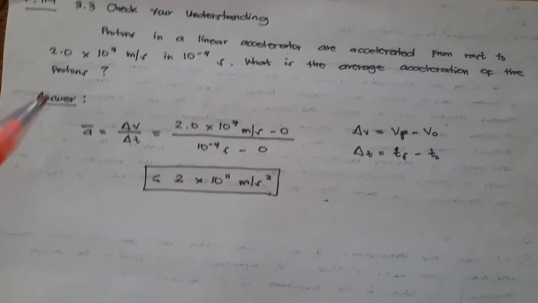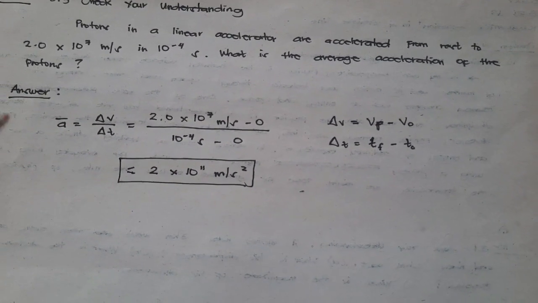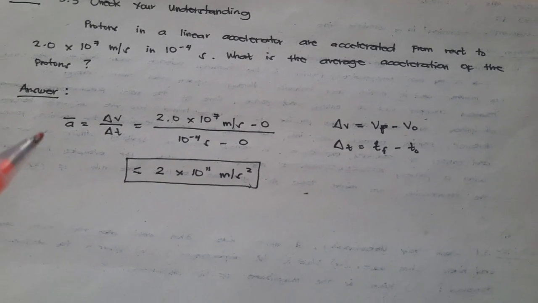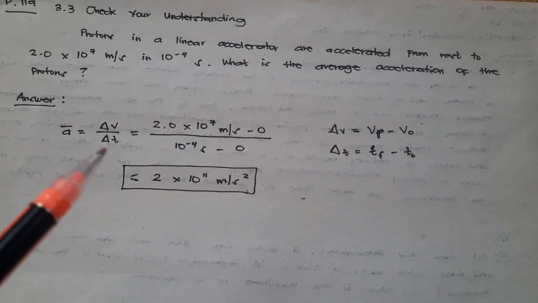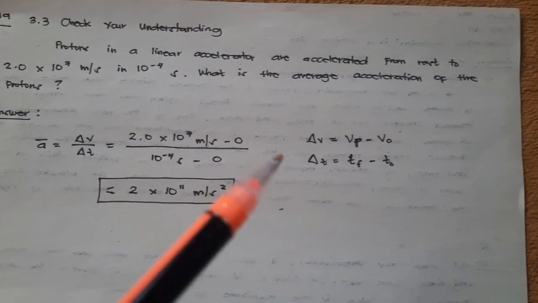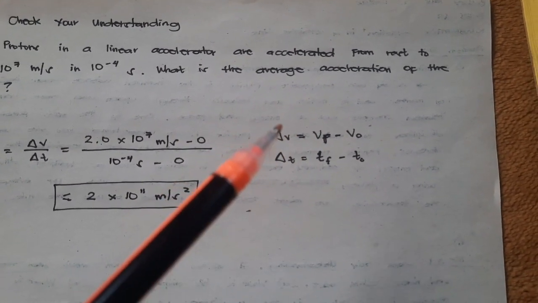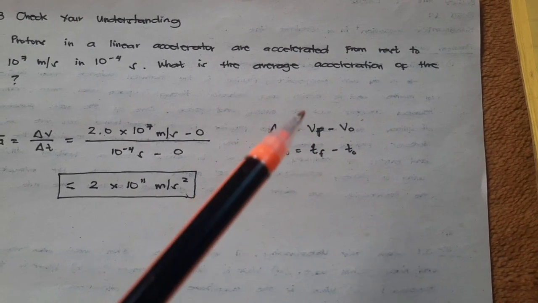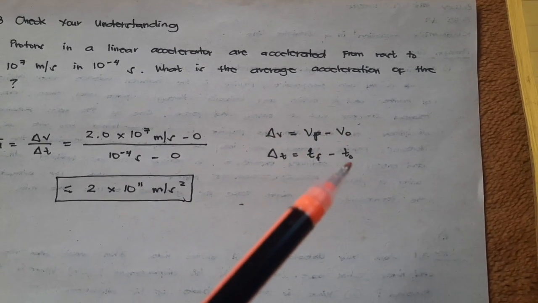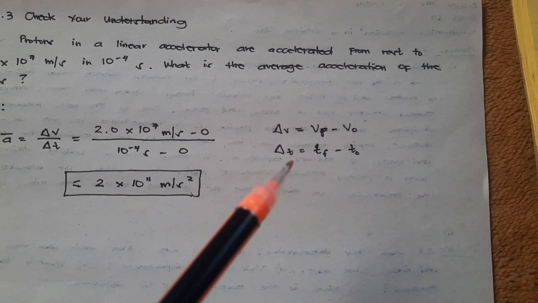So, here is my answer. Average acceleration is equal to change of velocity over change of time. As I said earlier, change of velocity is equal to final velocity minus initial velocity, and the same for change of time.